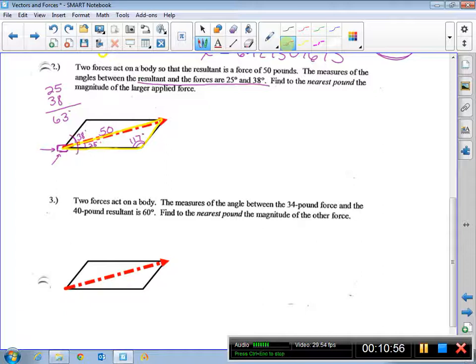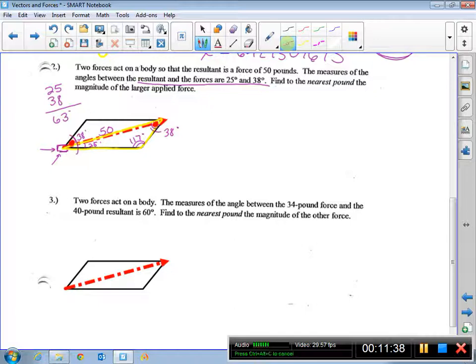Now, there's a property for parallelograms and parallel lines that we didn't write up above, but if I'm working in this yellow triangle, we should probably be able to figure out this angle up here. So you could add 117 and 25 and figure out what you're missing. But you could also remember that these would be alternate interior angles. Alternate interior angles. So this angle up here is 38 degrees as well.